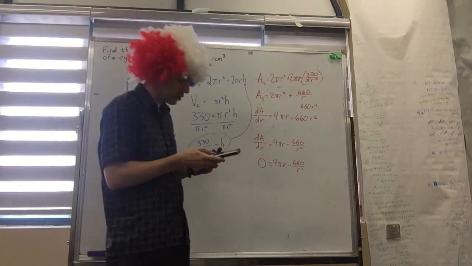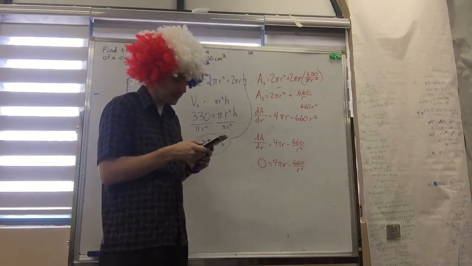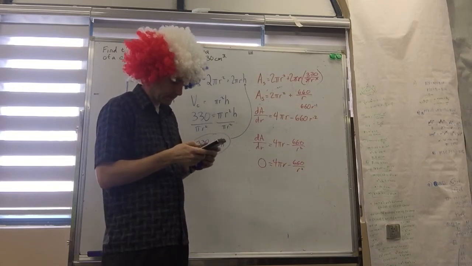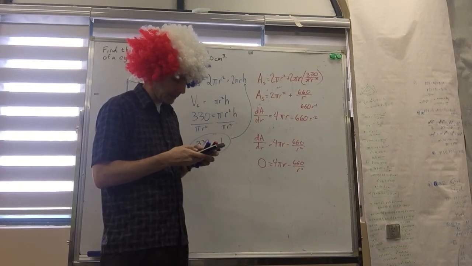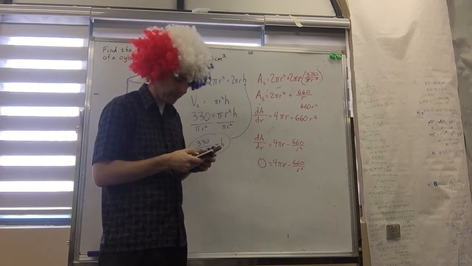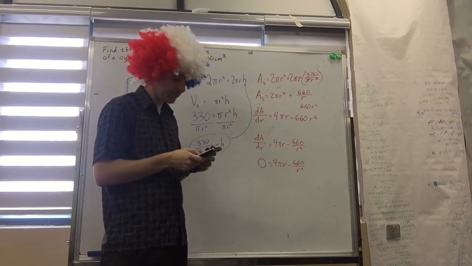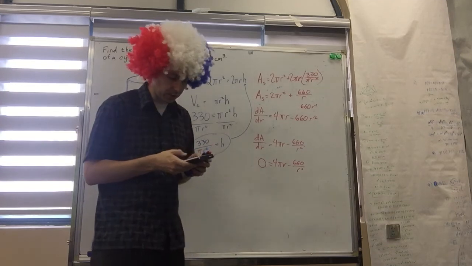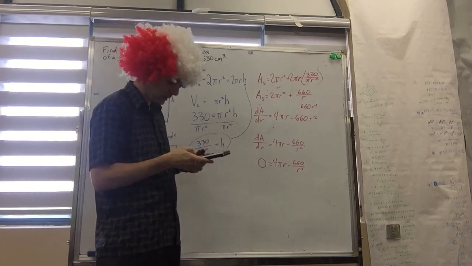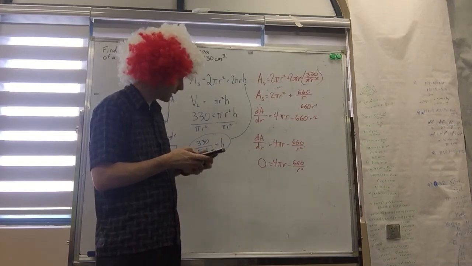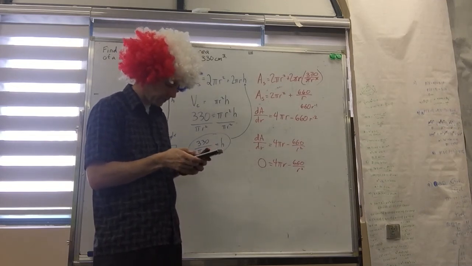Okay, I'm going to go ahead and do nSolve. On my calculator, I'm going to go to Menu, number 3, Algebra, and I'm going to choose Numerical Solve. And then I'm going to type in this equation. I'm going to go 0 equals, and I'm going to type 4 pi.